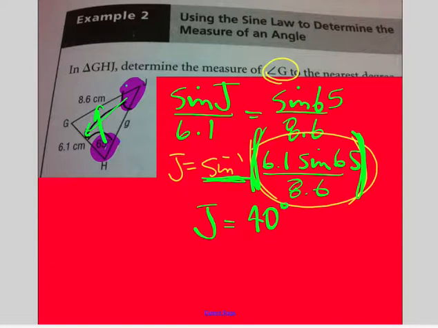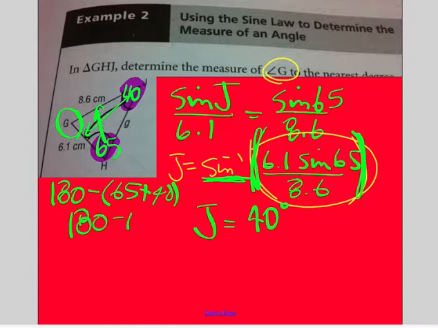If this is 40 degrees, we're cooking, because we know this one is 65. So all we're going to do to figure out g, because that's the one we're looking for, is 180 subtract 65 plus 40, which is 105. So 180 subtract 105 gives us an answer of 75 degrees. And that, my friends, is our answer. I'm going to put degrees in here.